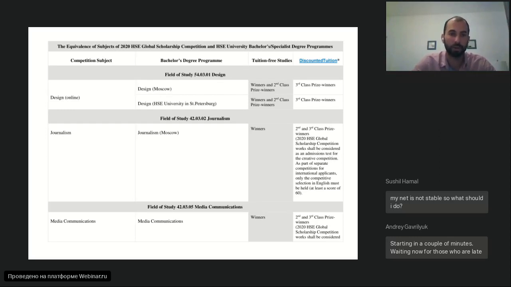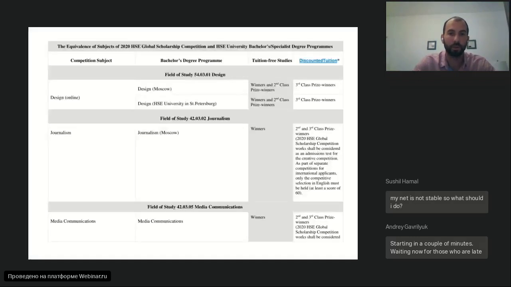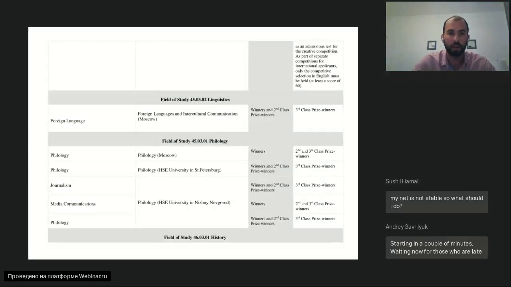So these are not faculties, these are directions, like subjects of the competition. And the second column is for the direction of degree program. So basically that is not a faculty, but the educational program which you can enter.